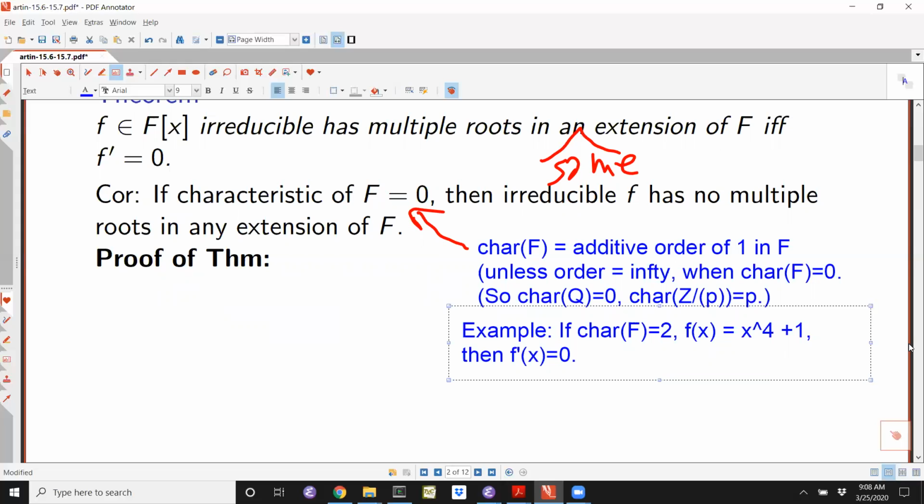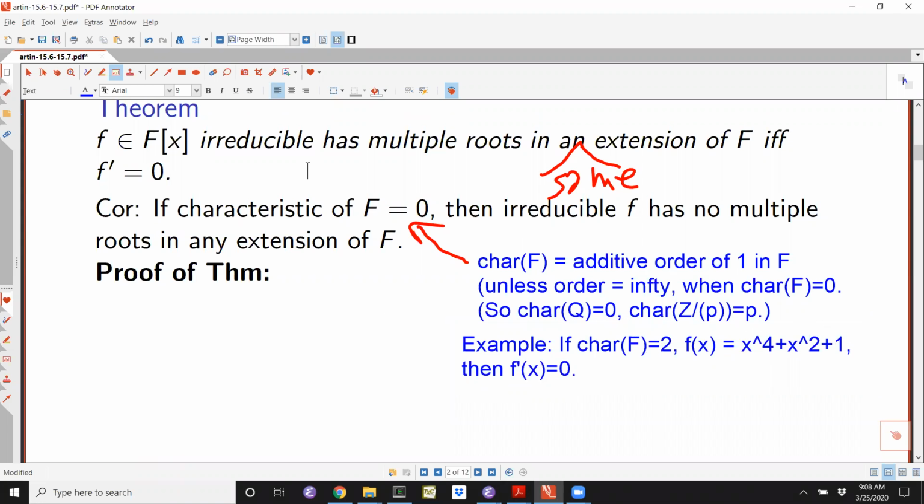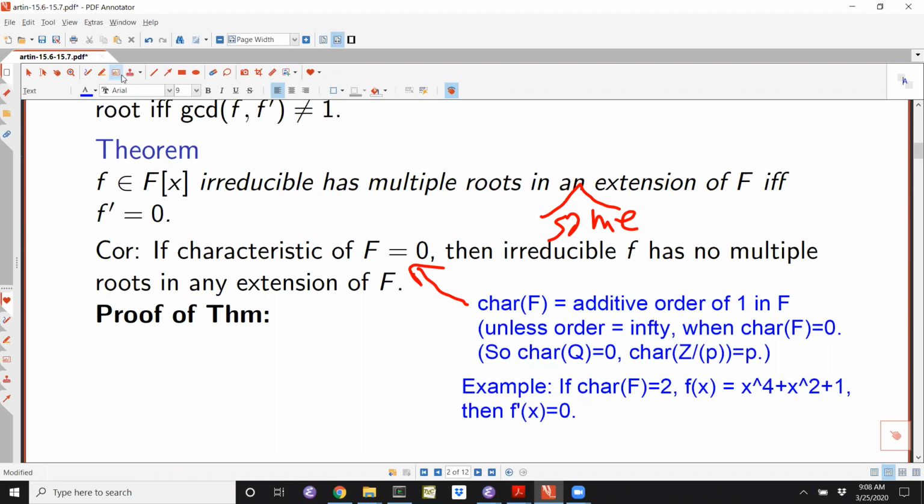And I'll even go a little further: x to the 4th plus x squared plus 1. It's just for the silliest reasons: if all the exponents in your polynomial are even, when you pull them down in front they turn into zeros because the characteristic of F is 2, and then you get f prime equals 0. Okay, that was a little bit messy, but it's life.